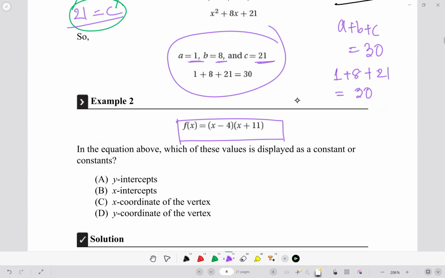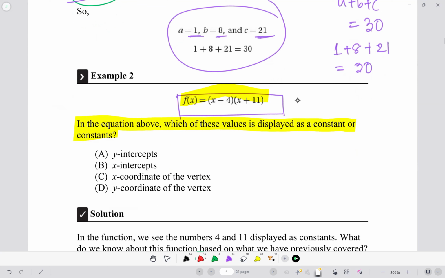In the equation above, which of these values is displayed as a constant or constants? The question they're asking is that you need to find the values that are constant or constants.